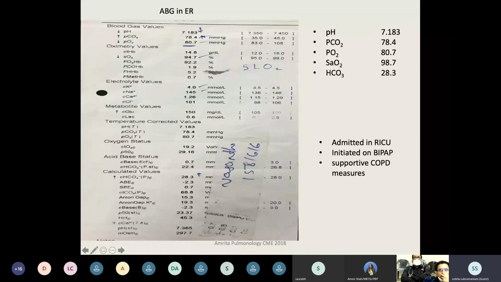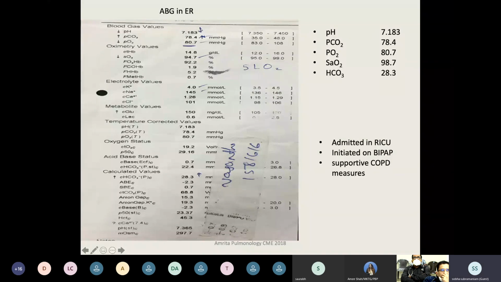So there is acidosis. Who is the culprit? It is the raised PCO2, 78. And you can also see that the pH changes by 0.08 for every 10 change in PCO2 from 40, so roughly it corresponds to acute respiratory acidosis.